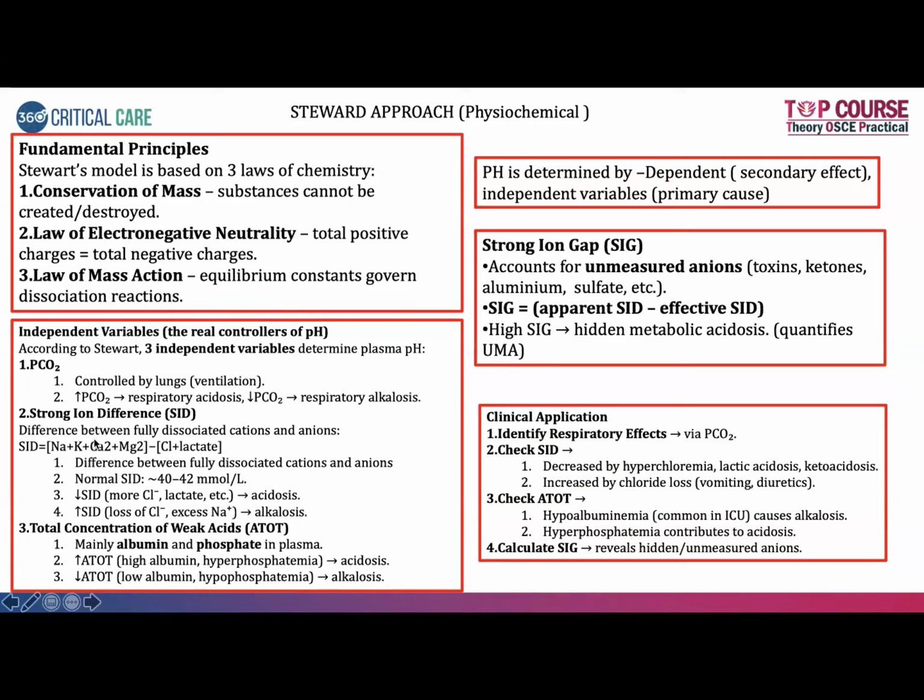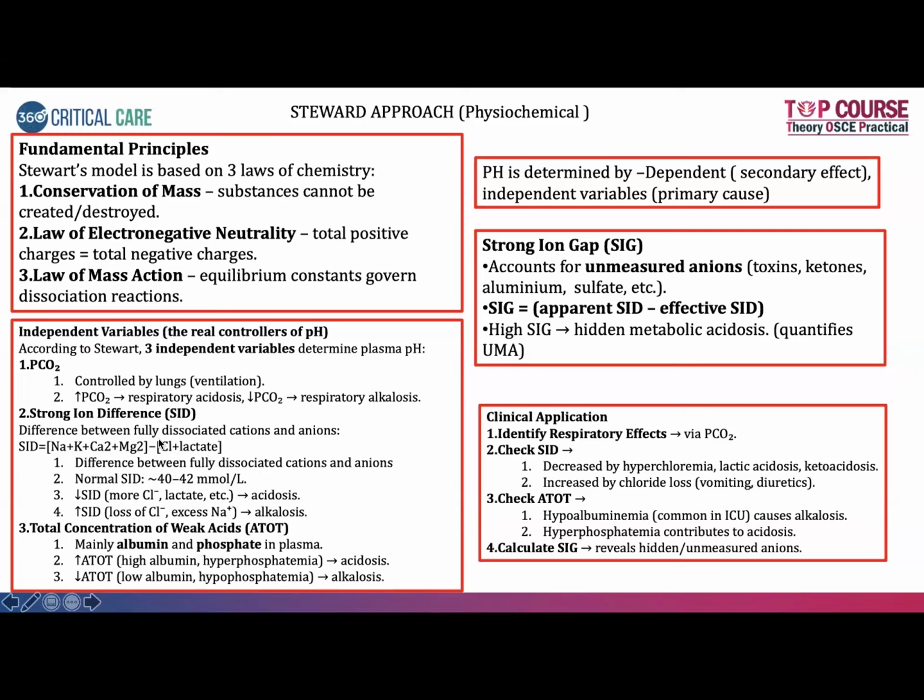The normal strong ion difference is almost 35 to 40, so 40 is what you consider. If the strong ion difference decreases, your anions are high, so that is acidosis. If your strong ion difference is high, your cations are high, and that is alkalosis.